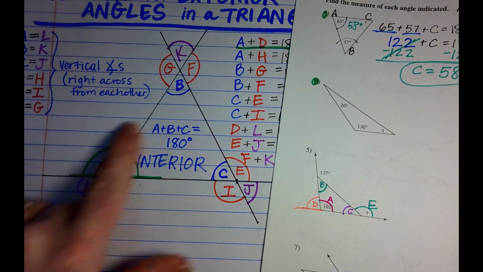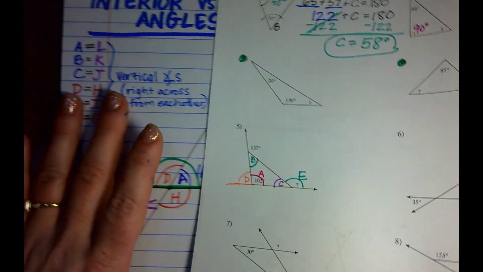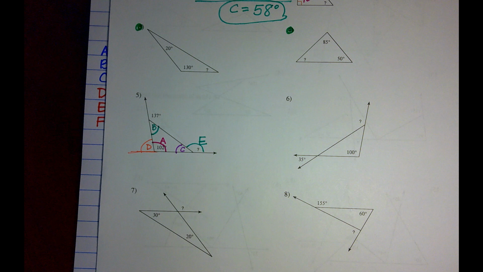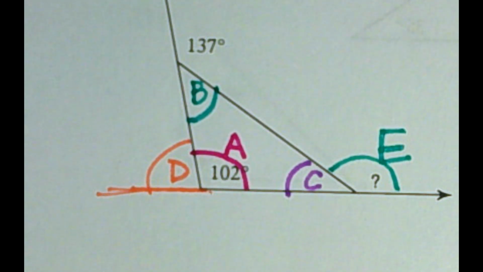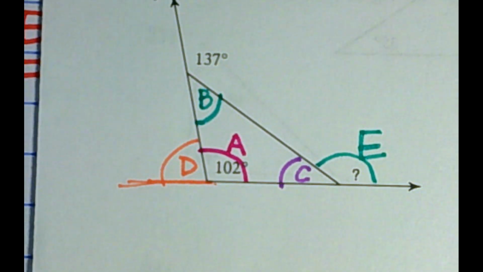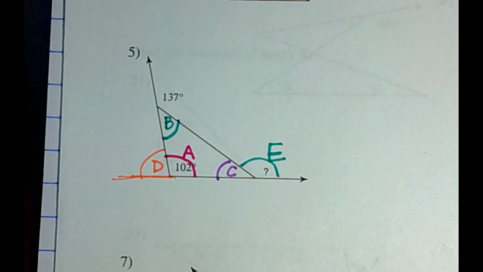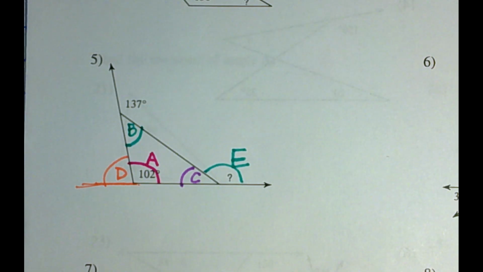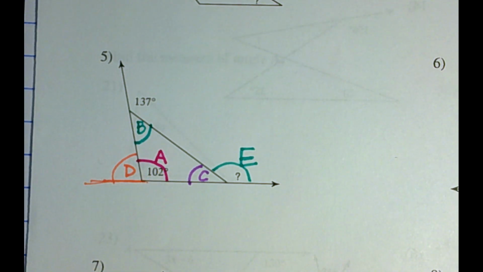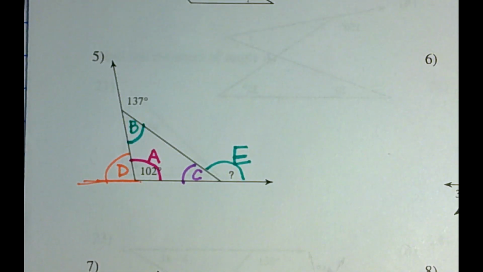So now that we've seen all of these angles, let's look at number 5 again. Do we really need angle D that we labeled? I just used the 3 labels, A, B, and C. I know they were exterior, but I just did it that way because I already knew that the interior was 180.